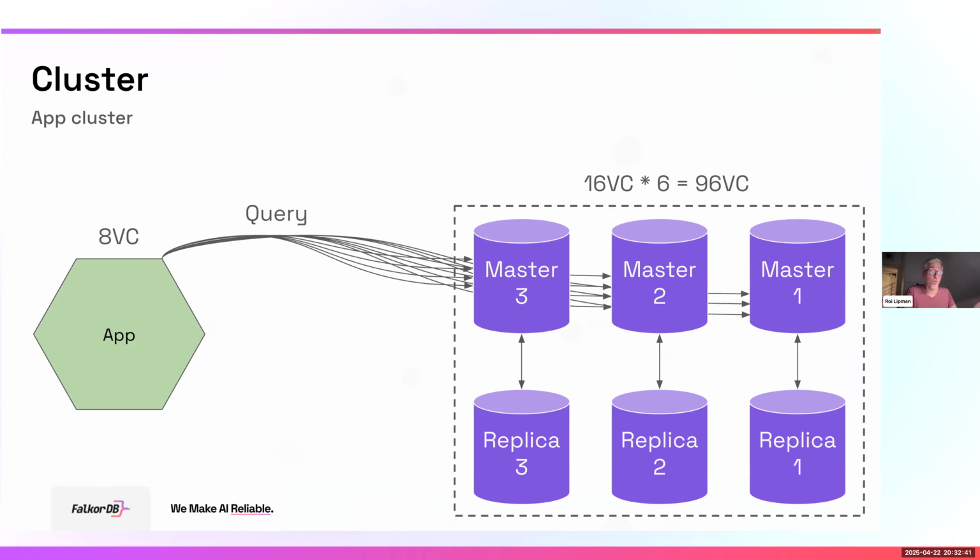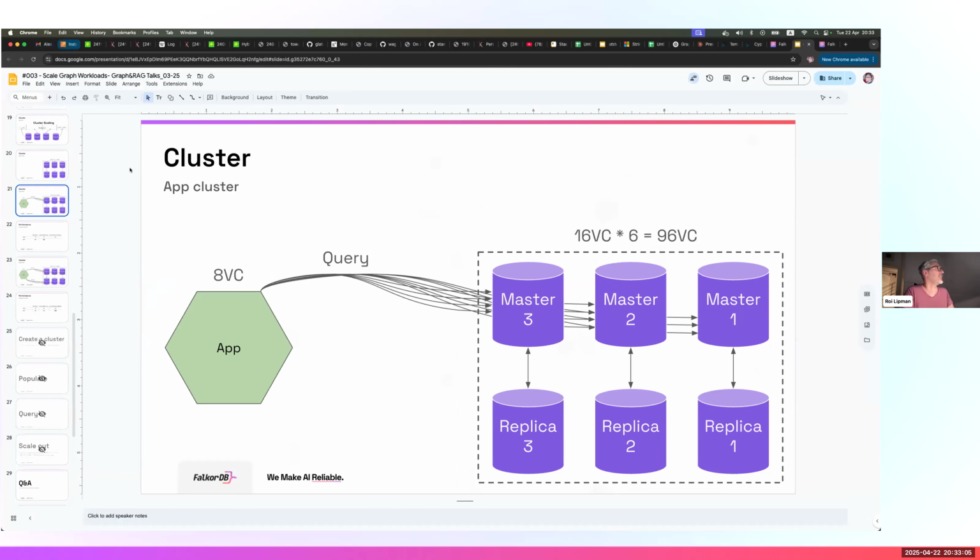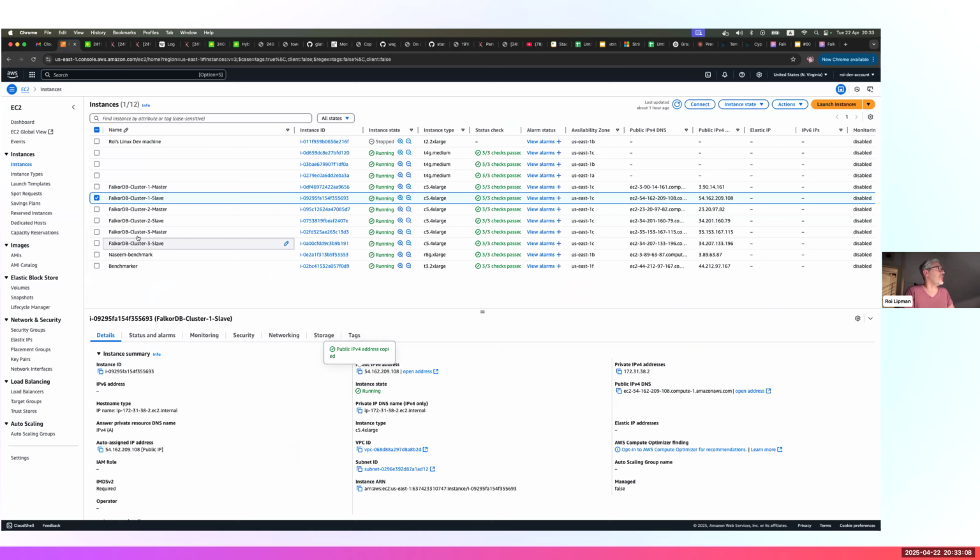You can actually run a FalkorDB cluster all within a single machine, so every instance or every process of FalkorDB runs on the same machine, but usually, that's not what you're doing. You have different machines running the cluster, like the one that I've set up here. I have 6 different machines. Each one of them is running a FalkorDB instance, and they form a cluster.